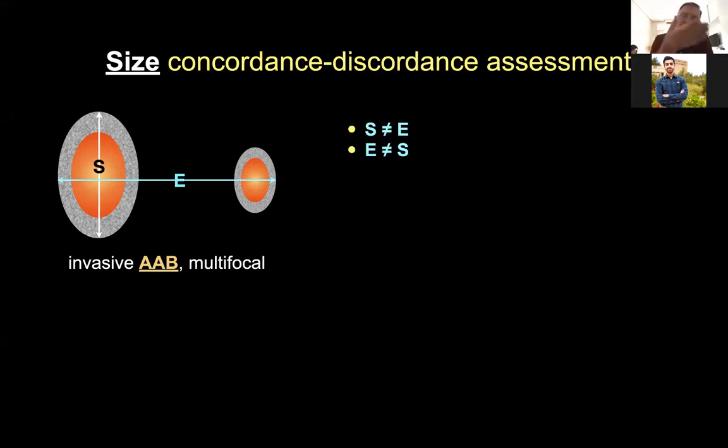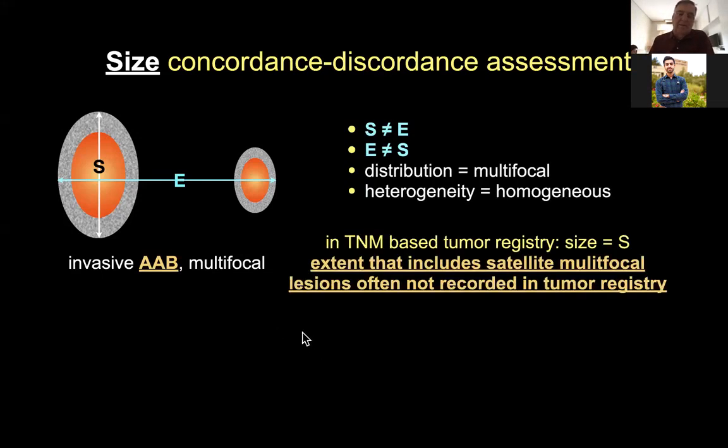But say the largest lesion on the left is 1 centimeter and the one on the right is 6 millimeters, and they're 8 centimeters apart, the surgeon might be able to do 2 small lumpectomies rather than a mastectomy. But it's important to recognize that size and extent are different here.